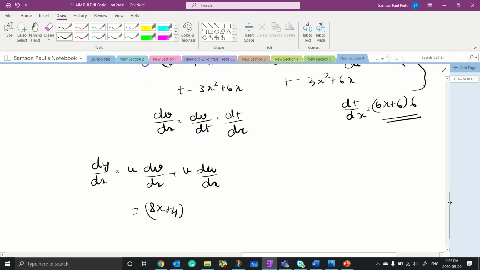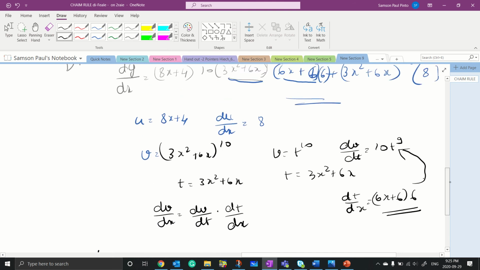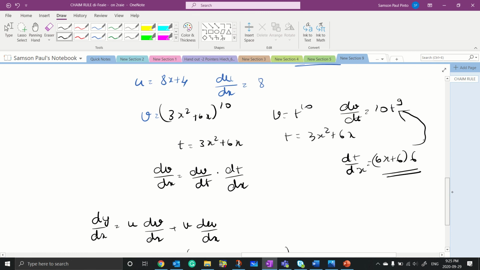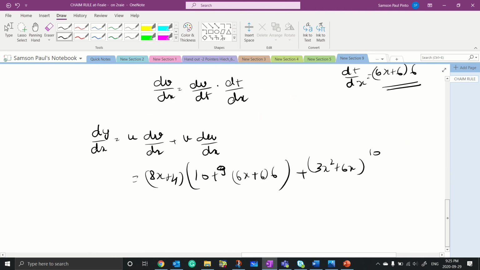So 10 t to the power of 9 multiplied by (6x plus 6) into 6, plus v, I have my v here, (3x square plus 6x)^10 into du by dx, and du by dx is nothing but 8.